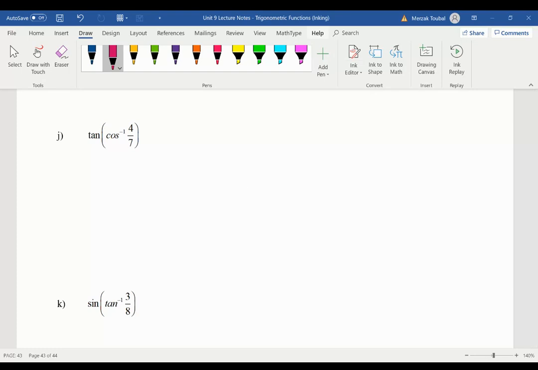Okay. Tangent of cosine inverse of 4 over 7. 4 over 7 is not one of the special values, so we need the triangle. This is quadrant 1 because 4 over 7 is positive. So let cosine inverse of 4 over 7 equal some angle theta.